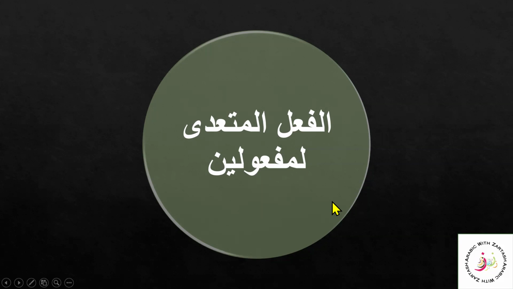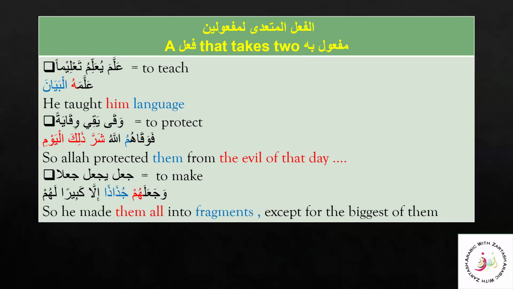This is the Arabic term that can be used for double transitives. So فعل that takes two مفعول به. Now there's a long list of words. We'll take some examples to see which words can have two maf'ul bihi in the sentence.